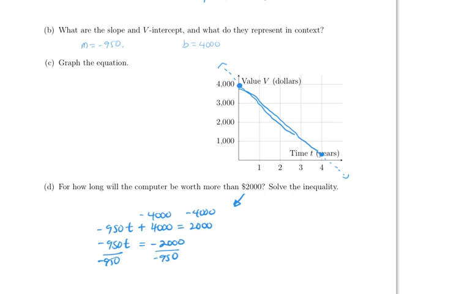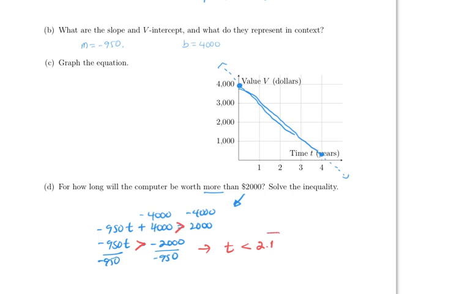Now, since this one says more than, how do you write that mathematically? It will be this inequality, right? Does anybody remember from your past lives what happens when you divide by a negative value in an inequality? You have to flip the direction, okay? So in this case, t will be less than, I think this is 2.1 something, so use the calculator.